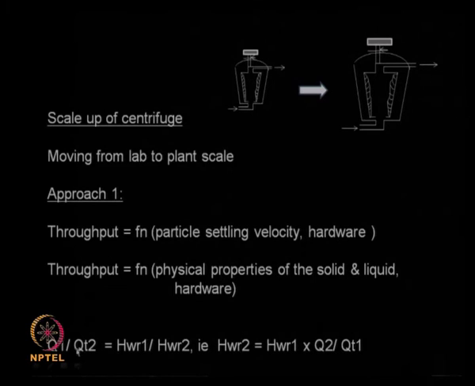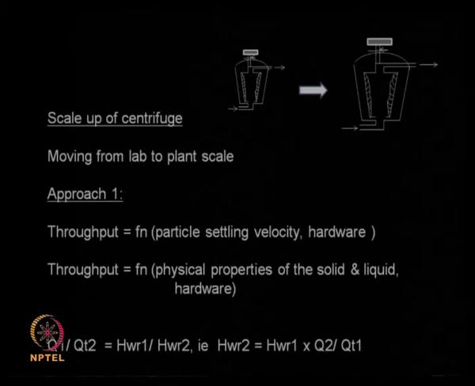So, I can say Q1, the throughput in centrifuge 1, divided by Q2, the throughput in centrifuge 2, is equal to hardware 1 divided by hardware 2, or with some mathematical manipulation, hardware 2 will be equal to hardware 1 multiplied by Q2 by Q1.